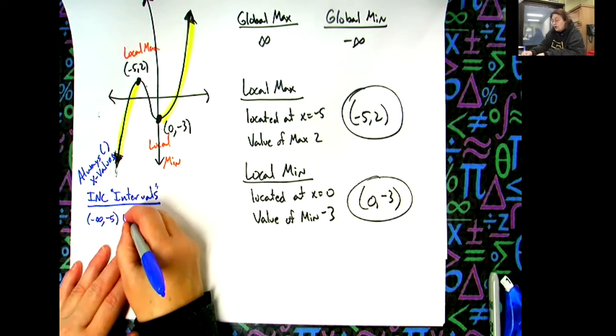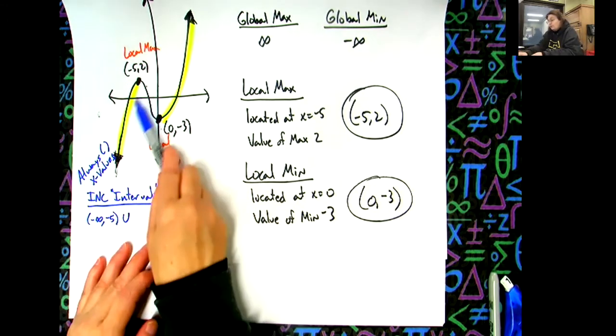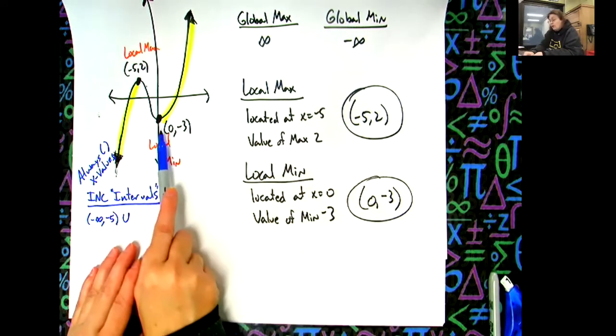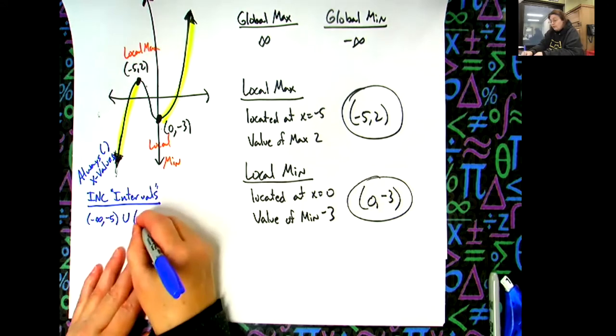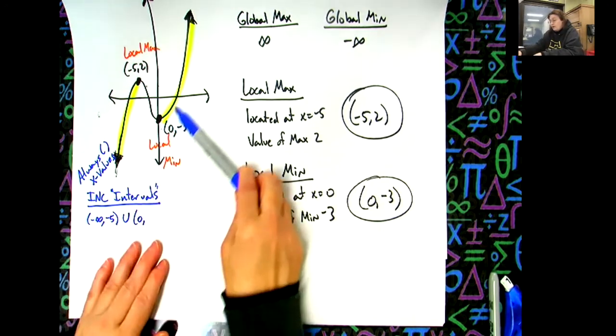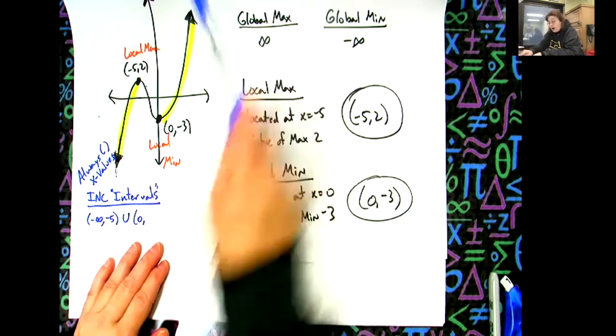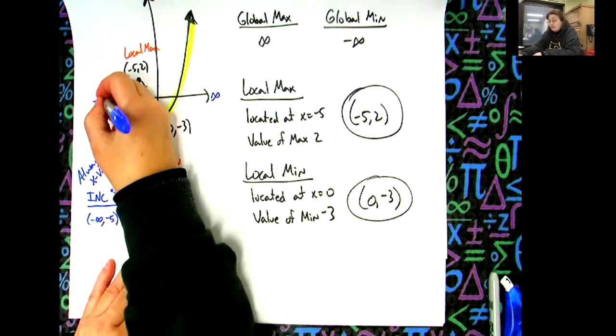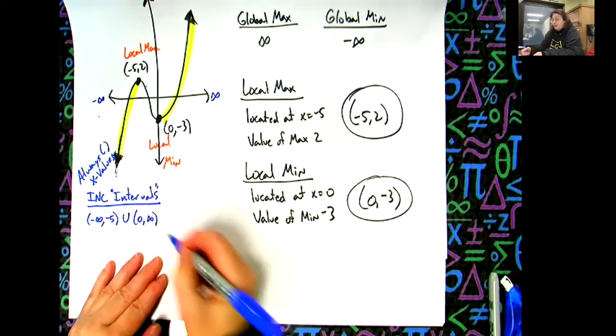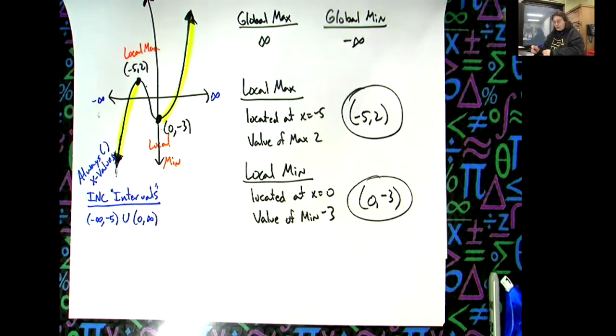And then there's a jump, because there's another section here. This x value is x equals 0, curvy brackets, and then goes to the right. Yes, it goes up, but it goes to the right, and positive infinity is here, negative infinity is here, so I need a positive infinity. So just practicing that as increasing intervals from yesterday.